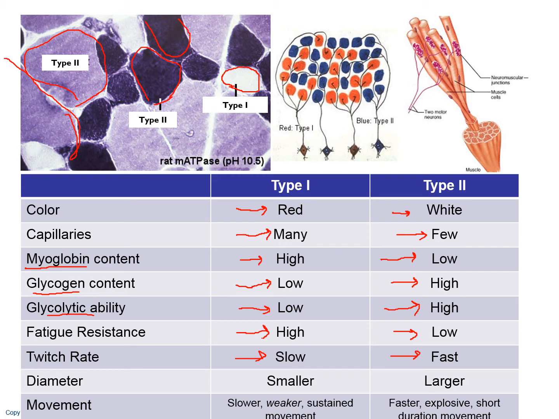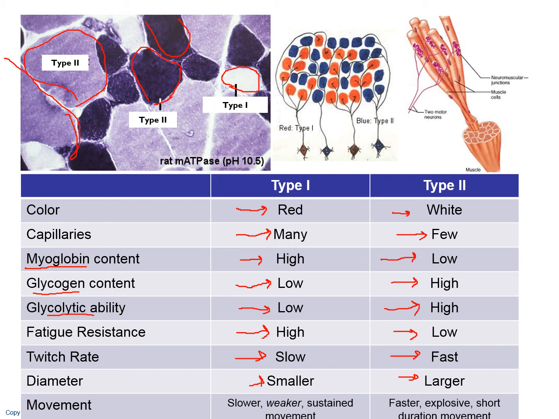Your type 2 fibers are responsible for faster, explosive, short duration movements like jumping, sprinting, and maybe lifting weights. These types of movements would require more myofibrils. Remember, those are those protein rods that have the sarcomeres in them. You would need more of those to accomplish these explosive, fast, impactful movements. So that leads to a larger diameter of the muscle fiber.